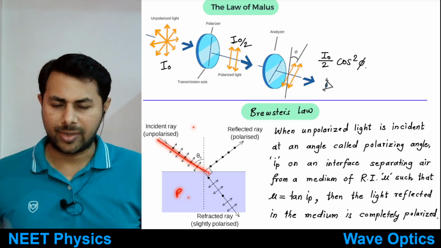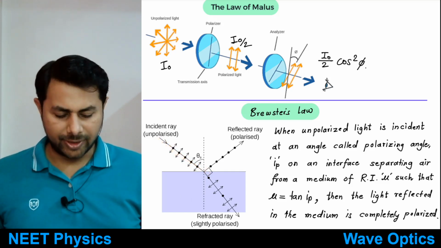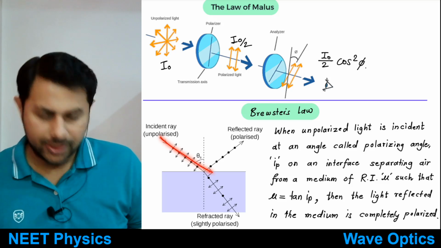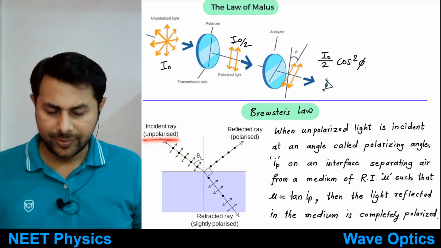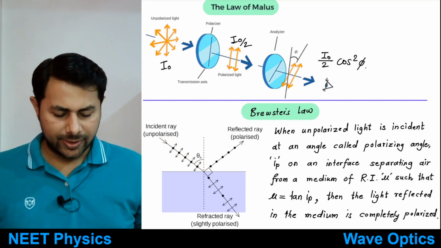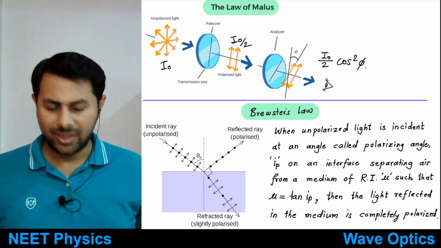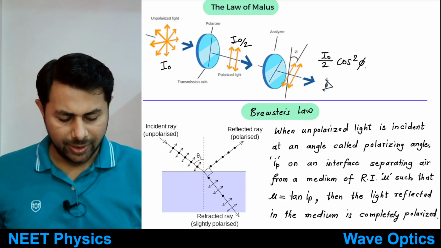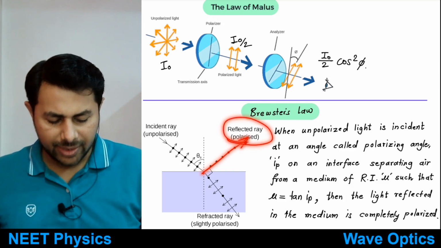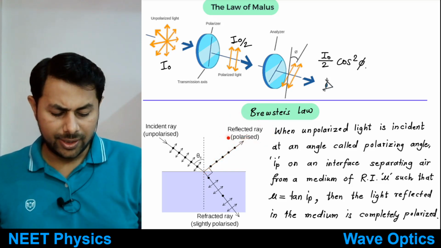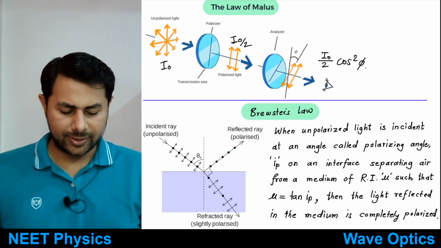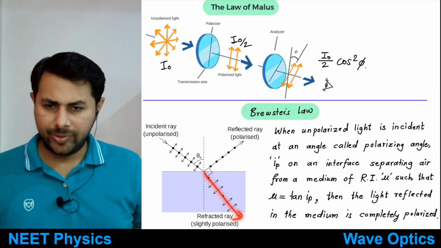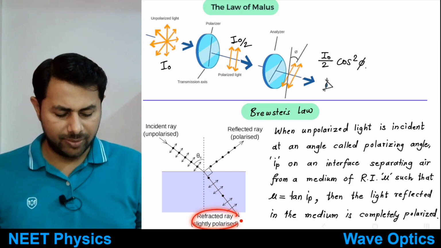If you make it incident at a particular angle, the reflected light would be completely plane polarized, and the refracted light would be partially polarized.